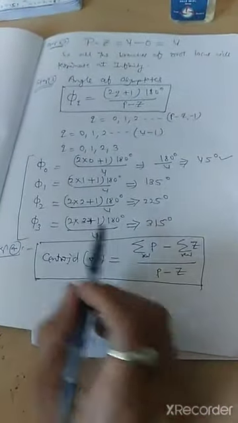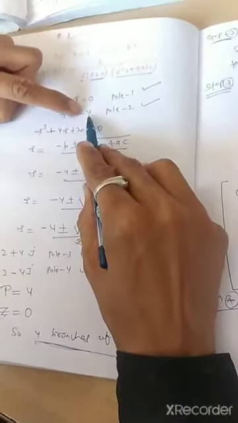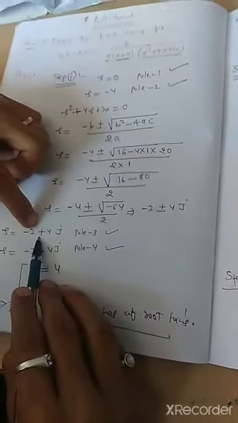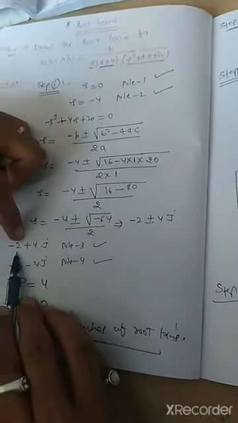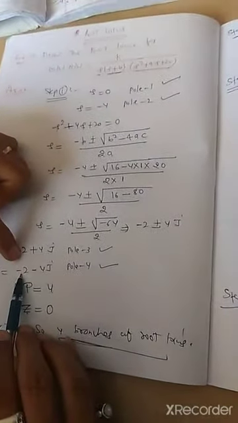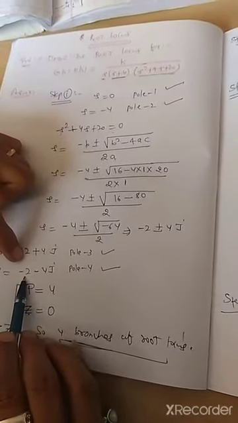So here, my first pole is at 0, the second pole value is minus 4, the third pole value is minus 2 plus 4j, but here the real part is only minus 2, and the fourth pole is minus 2 minus 4j, where the real part is also only minus 2.